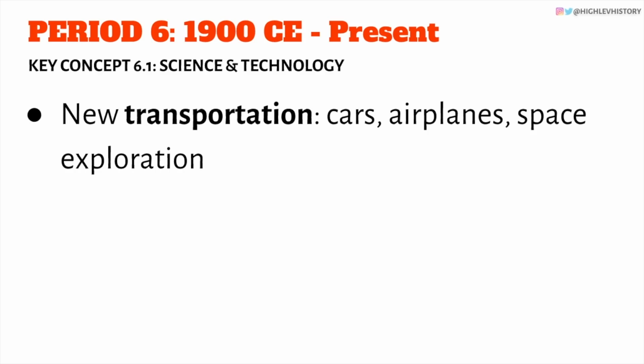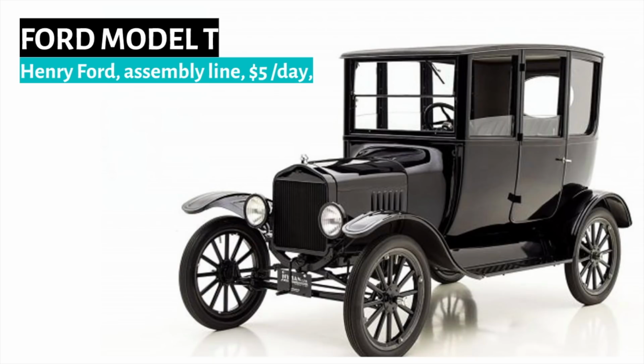So in the 20th century, we see a lot of new transportation, and these are really going to change the way that we move around. So, cars, airplanes, space exploration. You've got Henry Ford and the Model T. The car itself was super important. It was actually really affordable, and it allowed people to own a car for the first time.